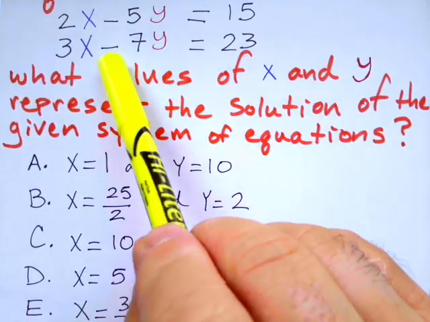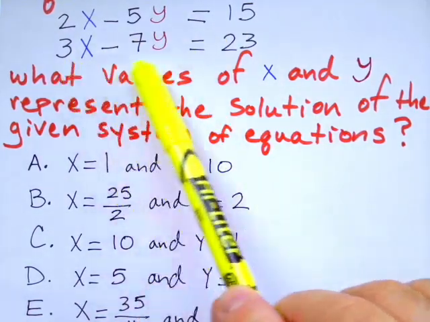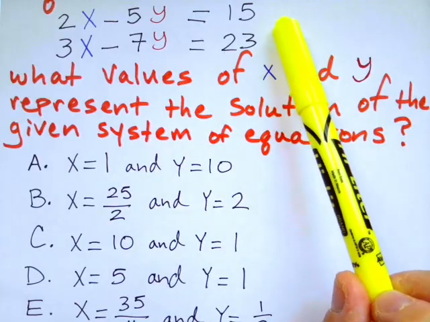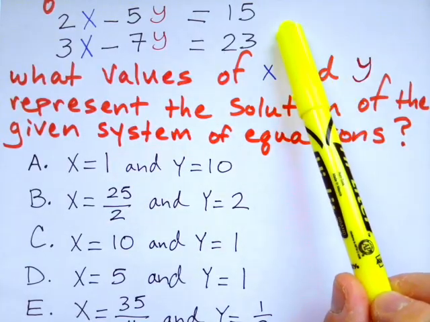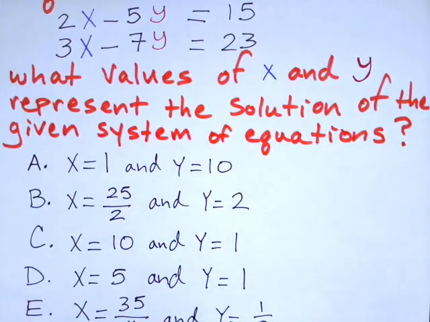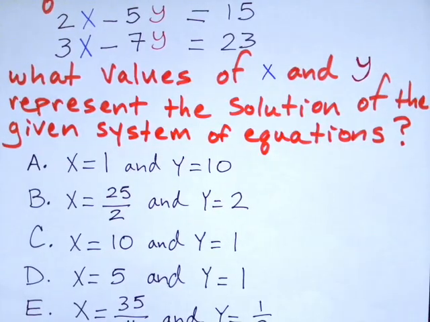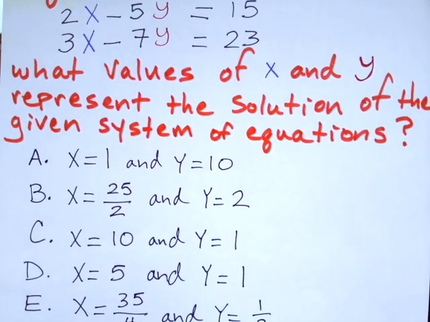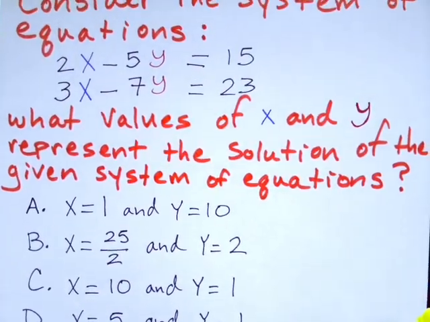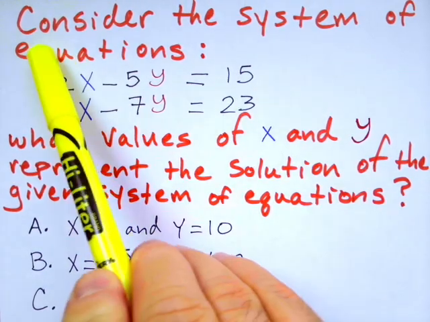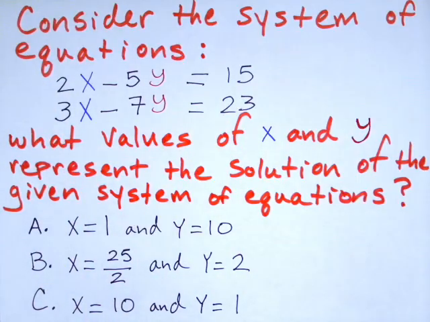Given a system of equations, we'll use elimination, we'll use substitution, and we will use graphing. And the very last method I show you for finding the correct option, A, B, C, D, or E, may be the very, very easiest way to answer any problem considering the system of equations.